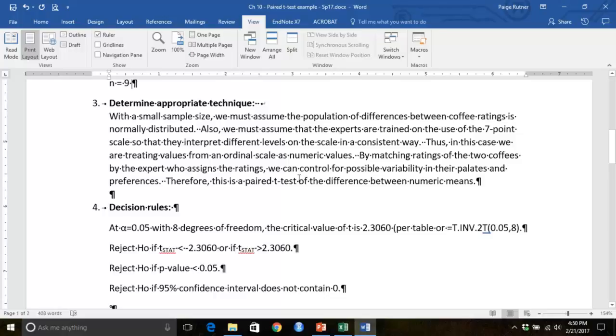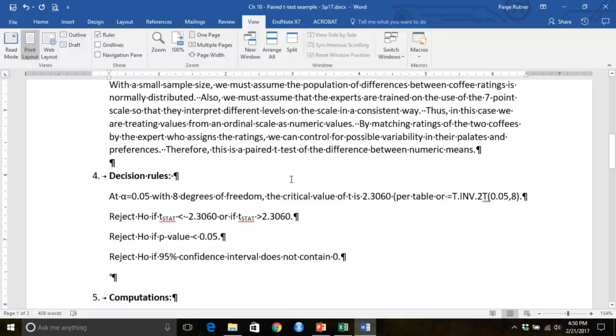And then coming down a little further, we have our decision rules, or rejection rules as I sometimes call them. We have an alpha of 0.05. We have 8 degrees of freedom, n minus 1, 9 minus 1 degrees of freedom. We can look up the critical value of t in the table for an alpha of 0.05 and 8 degrees of freedom, and that comes out to be 2.3060, or we can use our T.INV.2T function to find that value.